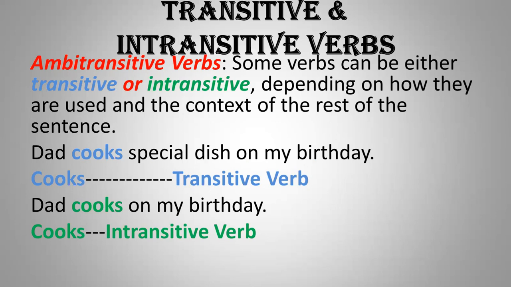So here the verb cooks is a transitive verb because it is taking a direct object, that is special dish. The same verb, when it is there in the second example, Dad cooks on my birthday, has no direct object and cooks becomes an intransitive verb. So the verb cook can be called an ambitransitive verb.